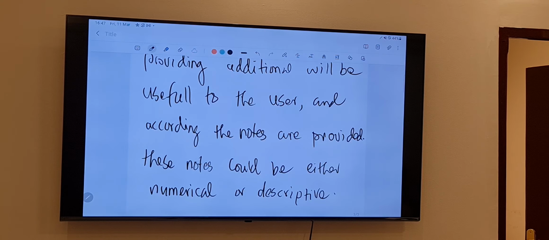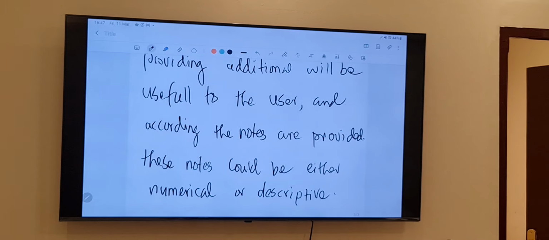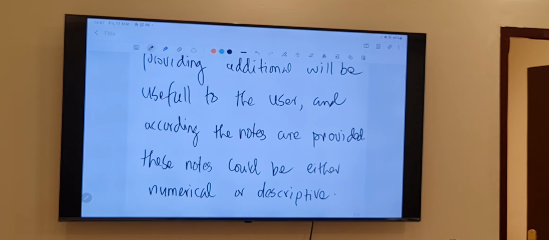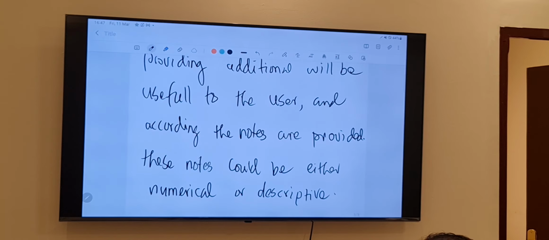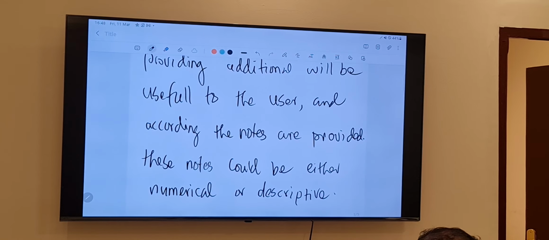Numbers or words. Could be means it may be, it's possible. Either means this or that. Could be either numerical or descriptive.